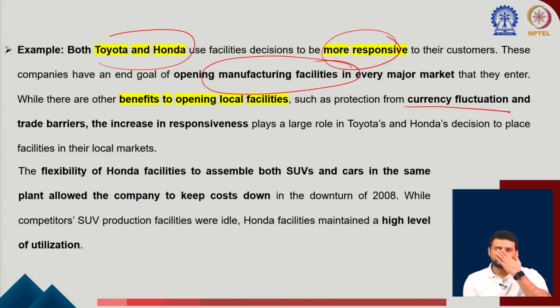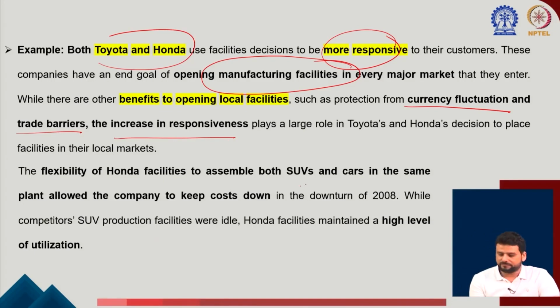For the Indian market, they will not export from India, they manufacture in India, because currency fluctuations are always there, right? Trade barriers, they don't want to deal with that, right? Then it increases responsiveness. Any change required within the Indian market, we can do easily in the Indian market. The other models in the rest of the world can go smoothly, right? So that we can ensure.